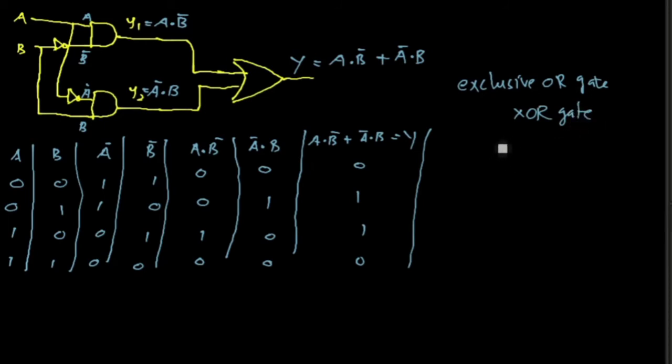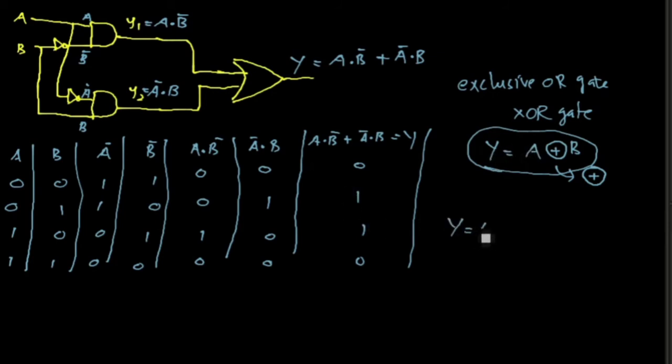This gate is particularly denoted by Y is equal to A exclusive OR B. The exclusive OR symbol is a rounded plus, a plus symbol in a circle. So this is the exclusive OR gate, or called the XOR gate.